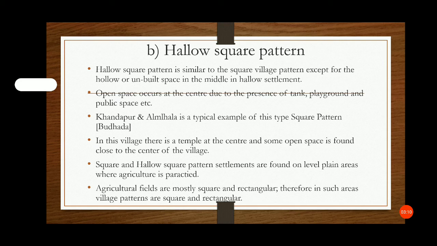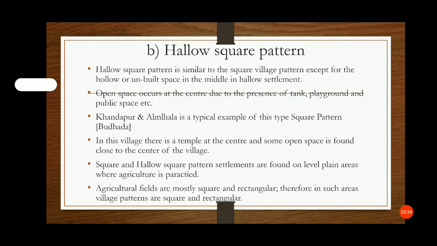In India, Khandapur and Almailaha are typical examples of this type of square pattern. In this village, there is a temple at the center and some open space is found close to the center of the village.